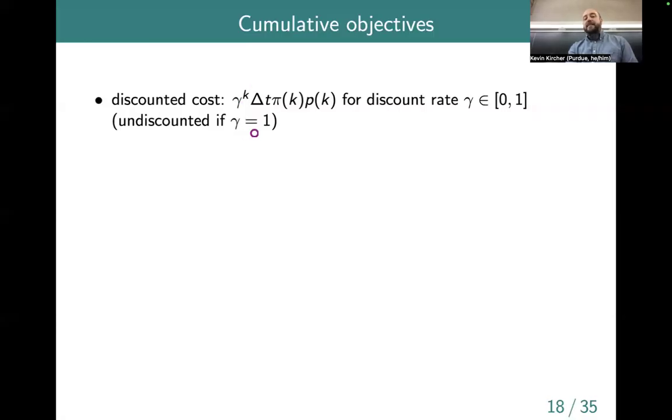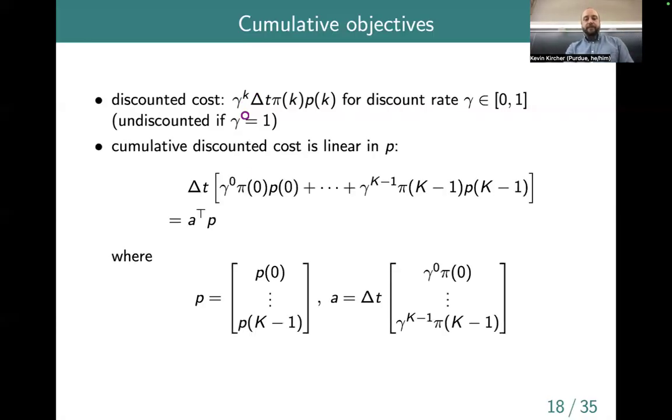In general, it might be less than 1, in which case you weight near-term costs more heavily than far future costs. And it turns out that you can do this accumulation over time, and basically you get back an affine function of the power trajectory. So here we'd be looking ahead from time step 0 out through maybe k could be hundreds or something like that. And we're adding it up, and there's a gamma weighted by the number of time steps ahead.